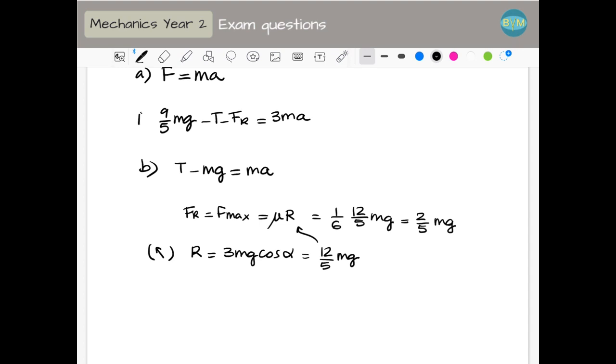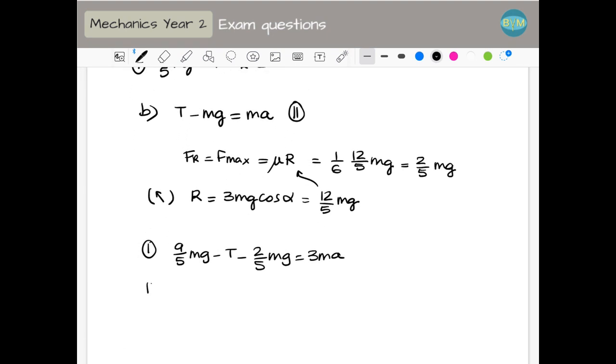So it means that I have one equation. Equation 1 is 9/5 mg minus T minus the friction that we found, 2/5 mg, equals 3ma. And equation 2 is T minus mg equals ma. We need a only, but we could find T if we need.